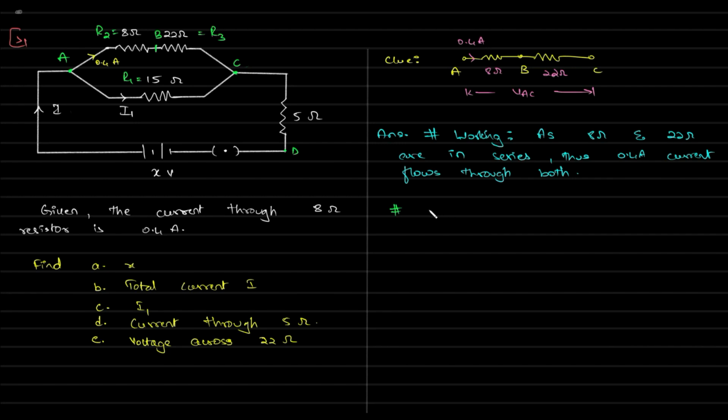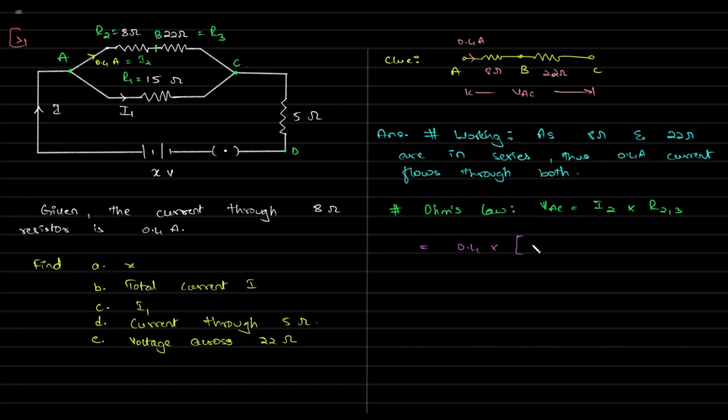Next, we have to figure out VAC. By Ohm's law, you can tell that VAC is equal to current I2, we'll call this I2, into the combination of R2 and R3. So this is your effective resistance of R2 and R3. So we know I2, that is 0.4.